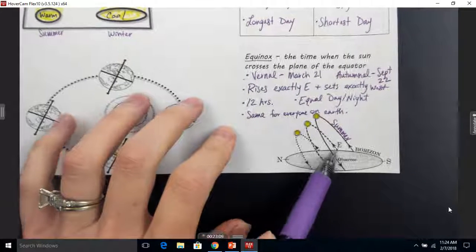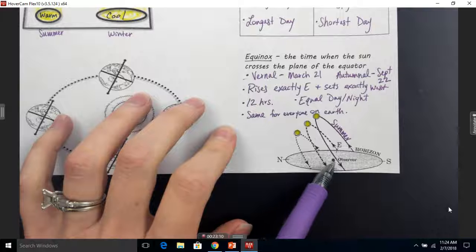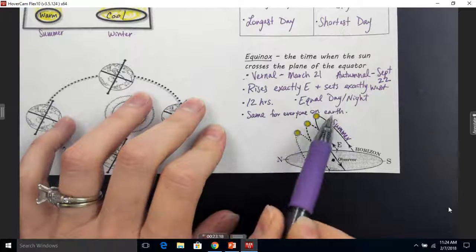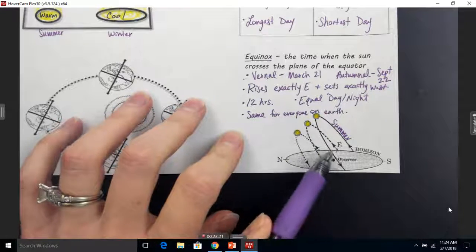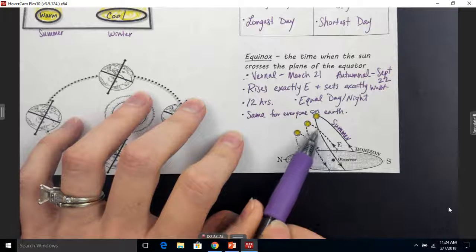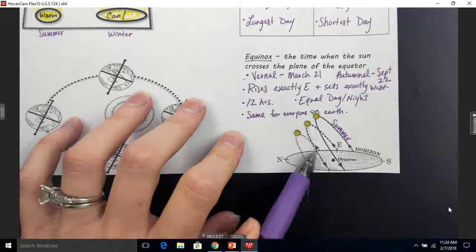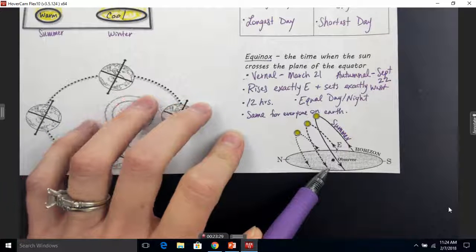Which one? This? That's an observer. That's where you're going to be standing. Same for everyone on earth. Okay, this path right here, spring and autumn. It's the equinox.